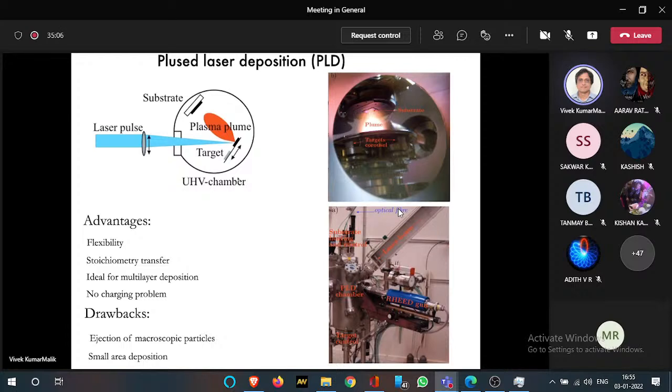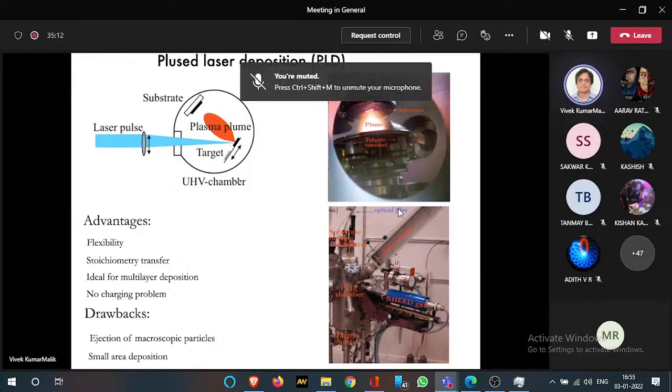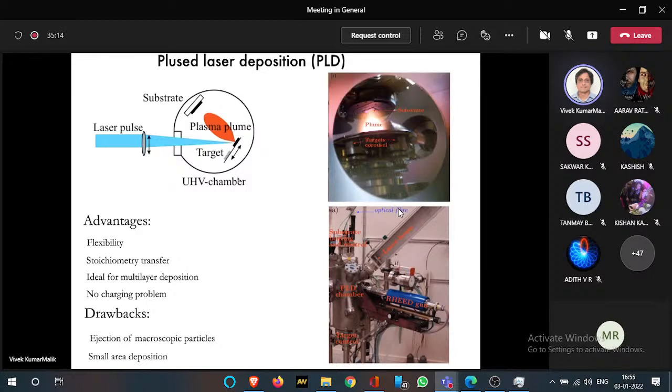So there are certain advantages of this pulse laser deposition compared to other growth techniques, because these high temperature superconductors or these manganite materials have a lot of elements. For a material having a single element or a binary kind of alloy, that is still easier to grow with other techniques.